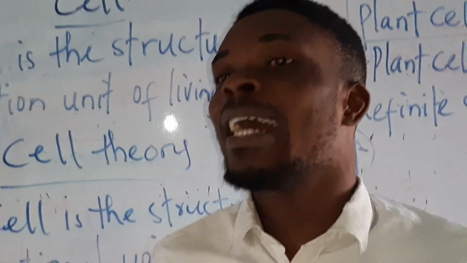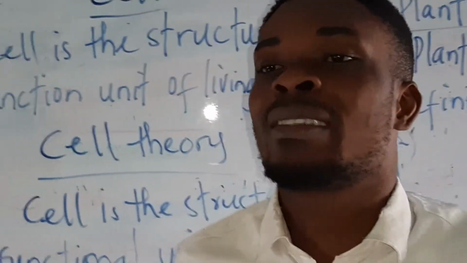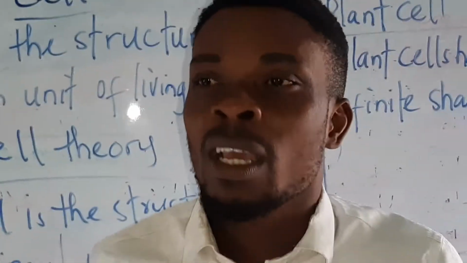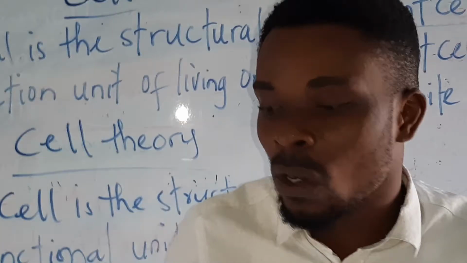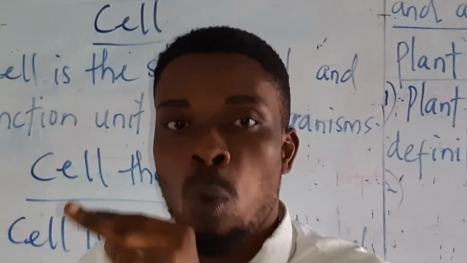So you can be asked at any point, why does plant cell have definite shape? It has definite shape because it has cell wall.